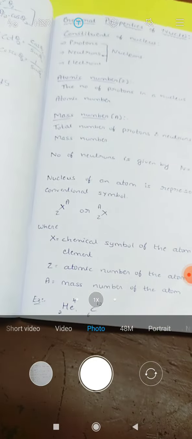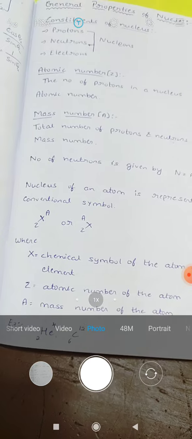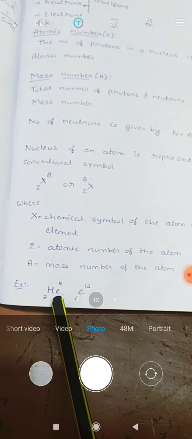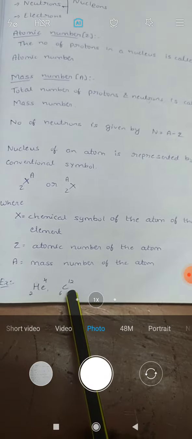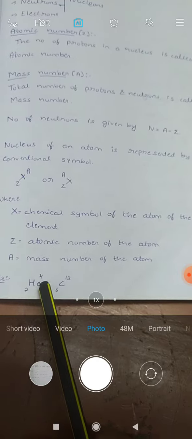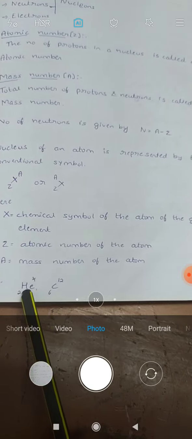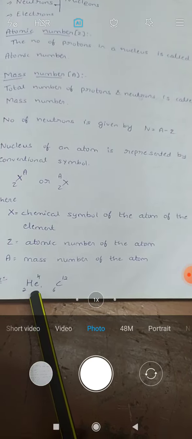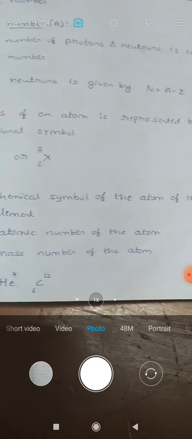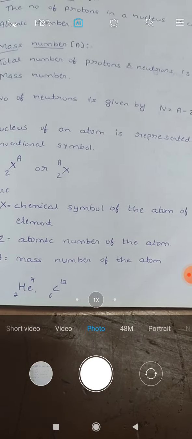The next example for the representation of the atom, we have to consider helium and also carbon. Here helium consists of 2 protons along with 2 neutrons, so its atomic number is taken as 2 and its mass number is taken as 4, where 4 is the number of protons plus number of neutrons.